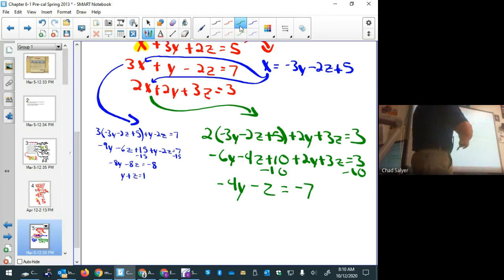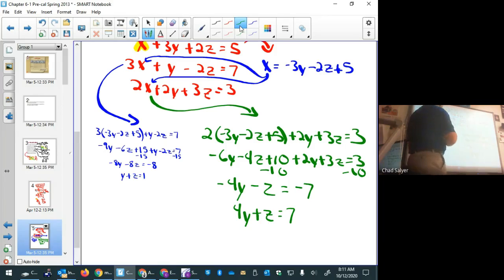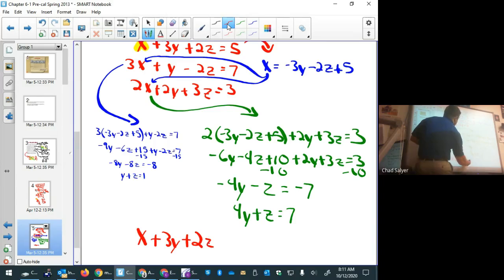For the sake of eliminating negatives, because it's so easy to do, we'll multiply through by negative 1. Now we can rewrite our system using the same first equation. I'll just copy that: x plus 3y plus 2z equals 5.